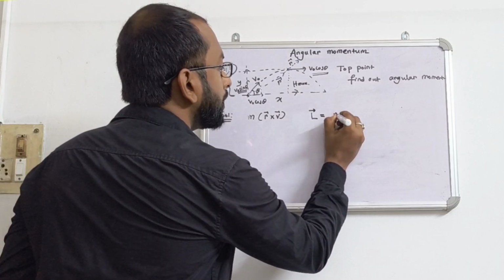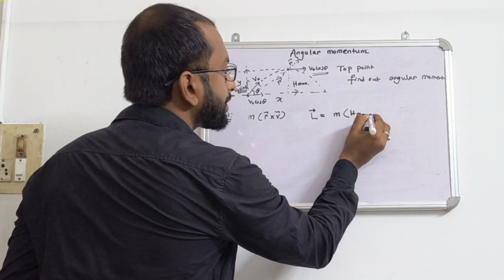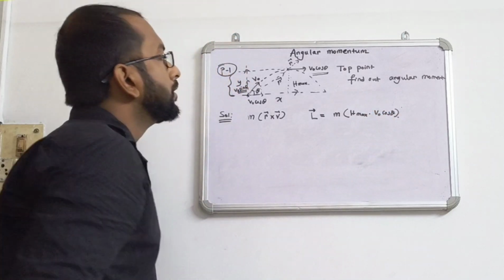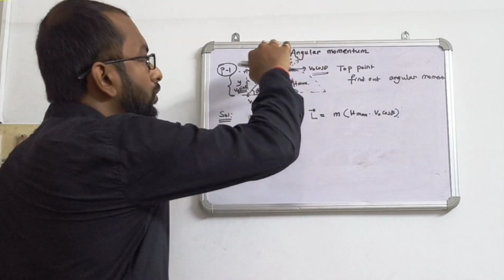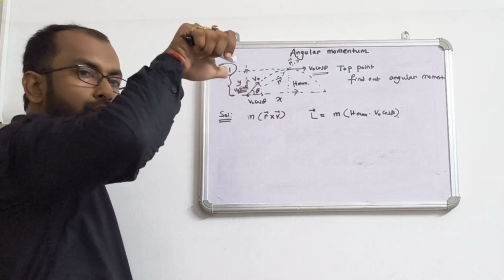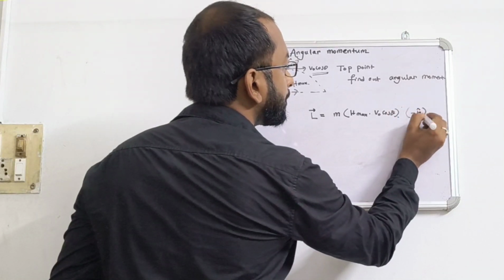So m h max into v naught cos theta, and the direction of it is trying to rotate in this clockwise direction, so it is going inward. So you can write minus k cap.